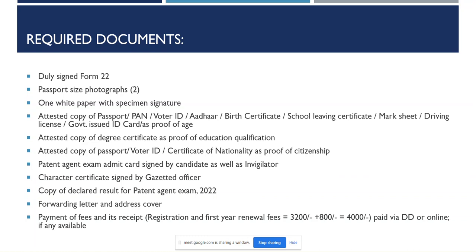Then any proof of your educational qualification. That is the degree certificate, either bachelor's, master's or PhD, whatever it is, but it should show that you are from a science background. You have to submit an attested copy. Then any proof of citizenship, which may be a passport, voter ID, or any certificate of nationality. In my case, I submitted a passport copy at that time.